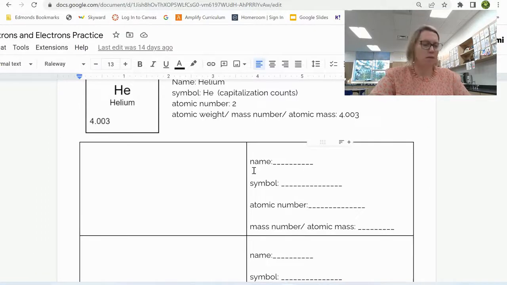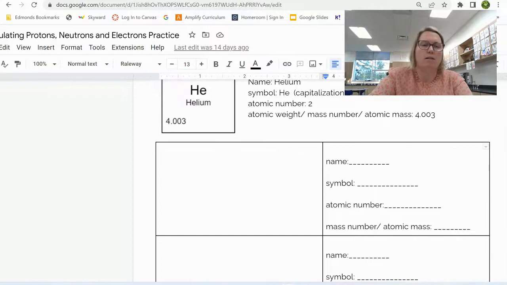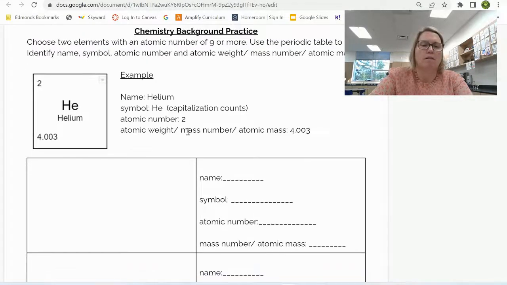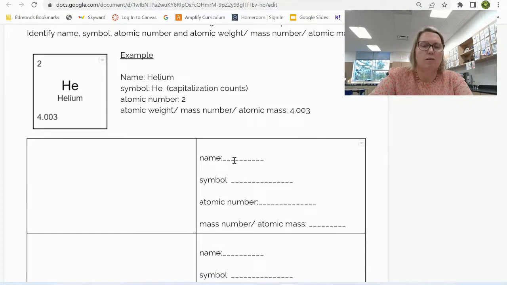If we were going to do this with helium, the name would be helium. The symbol is HE, capitalization counts. The atomic number is the number on top, and that is 2.